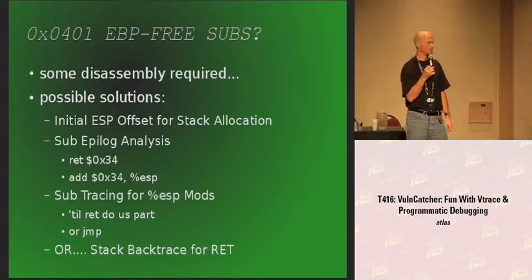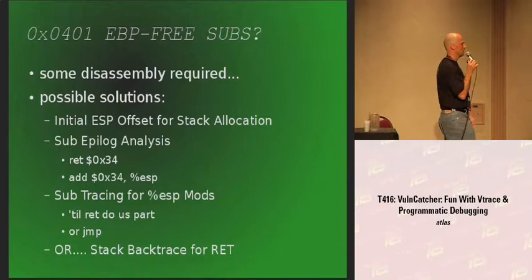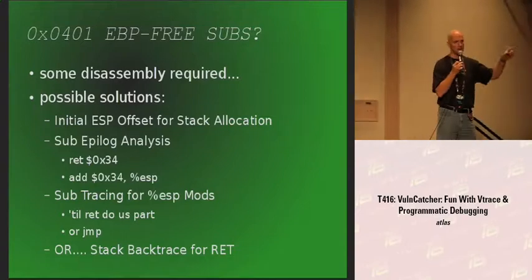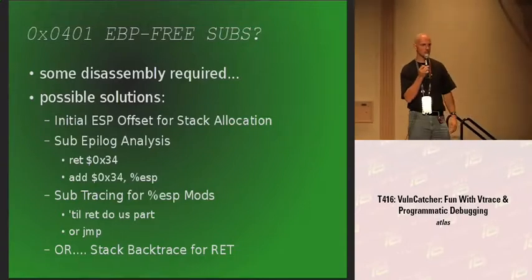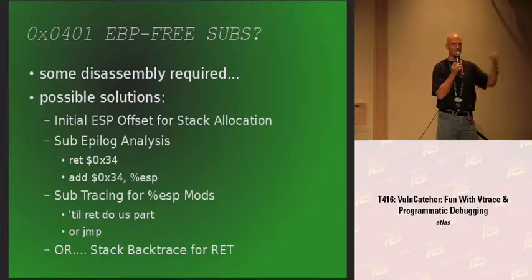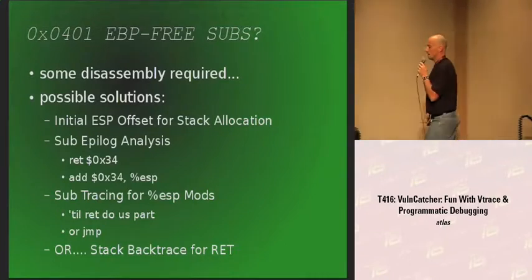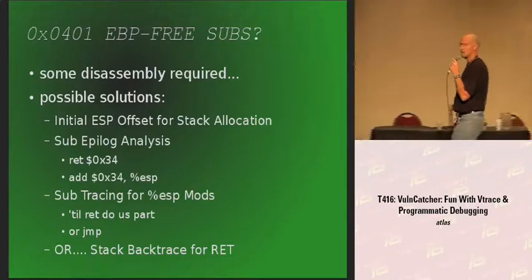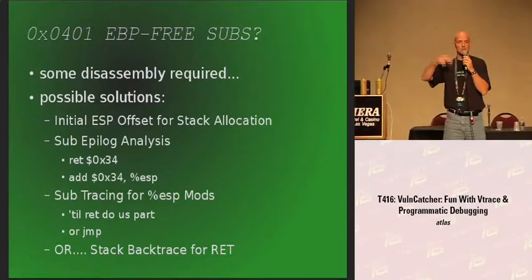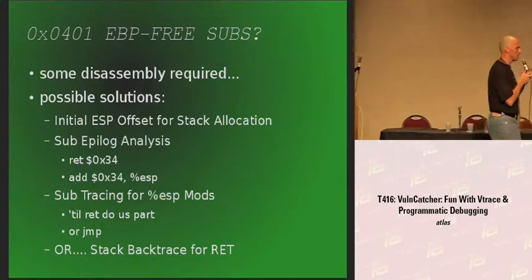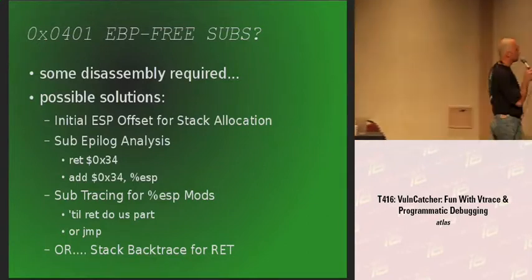It's kind of ugly. Most of those solutions look for stack setup throughout the subroutine. Unfortunately, for spaghetti code, especially code that could be jumping all over based on input that you don't know about, this can get really ugly.